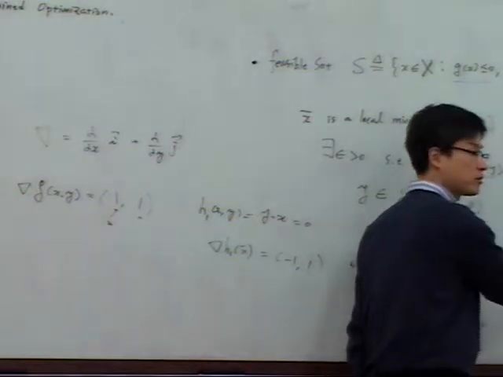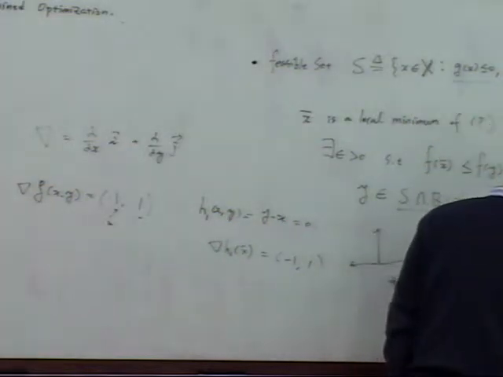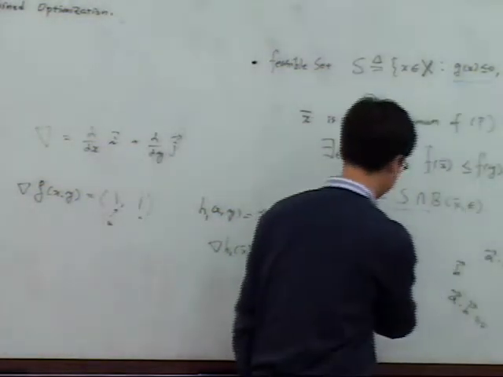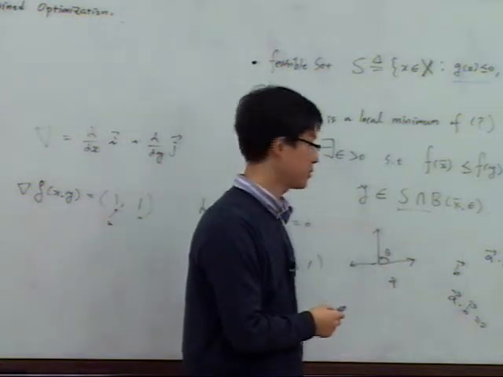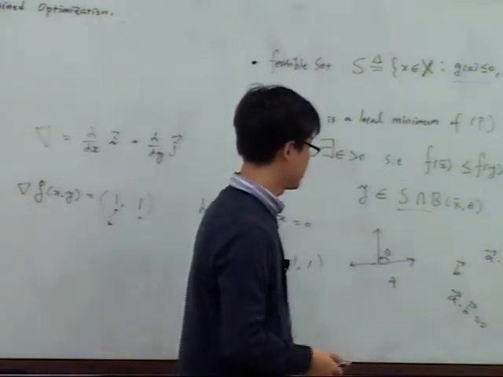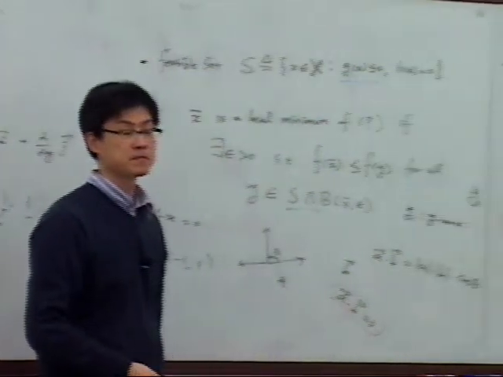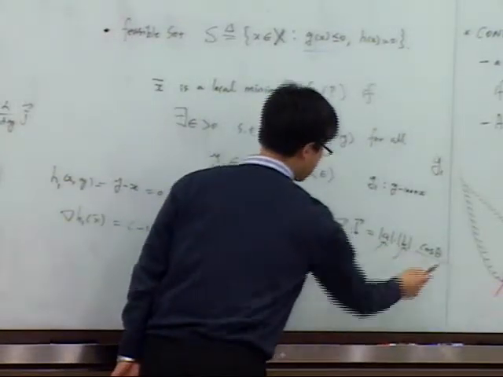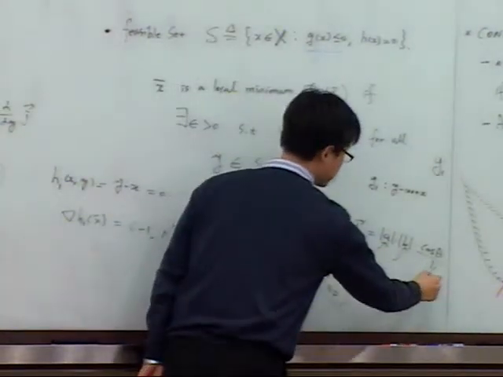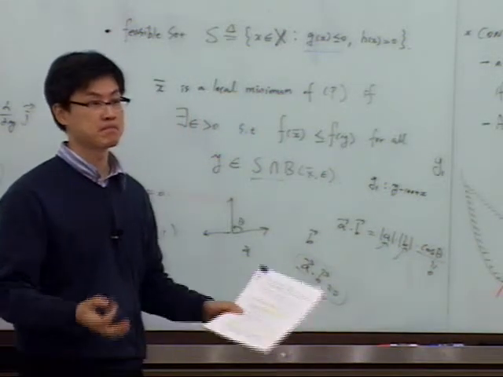This is theta, right? Then how do you satisfy this? This is not 0. You have to make this 0. And what's the theta?